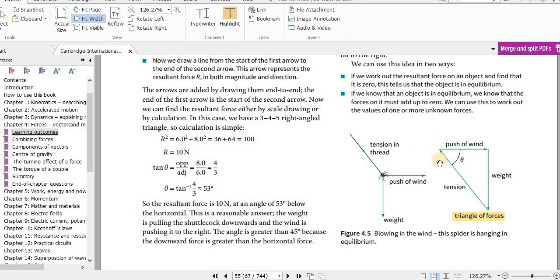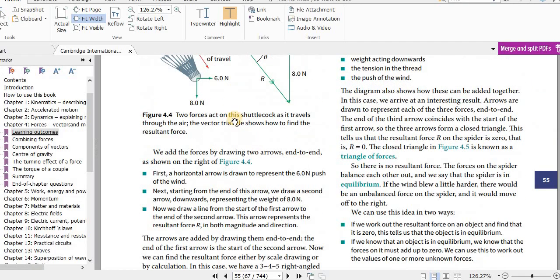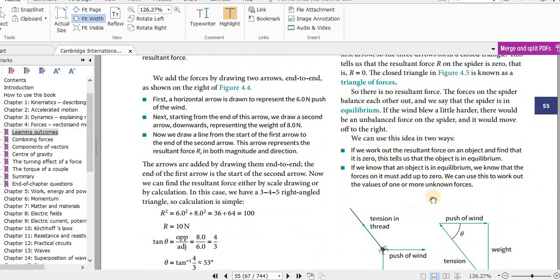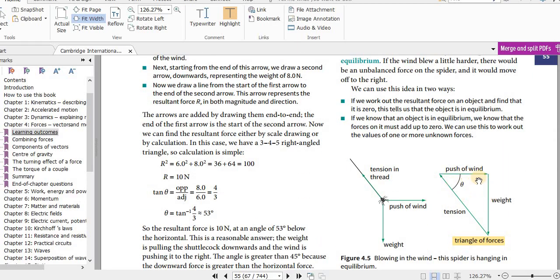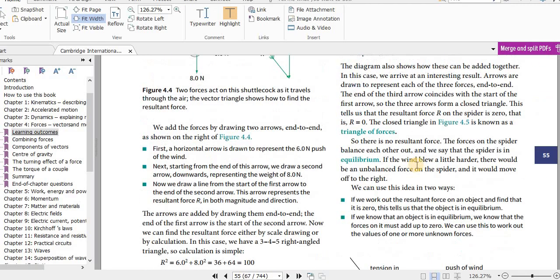Okay. If it is open, that means there is a resultant force. The length of the line joining that gap, like this, will be the size of the resultant. But remember, in this case, if there was a resultant, let's say there's a gap like here. Now you can see this, this and this, they are in the same clockwise direction. Then the resultant will be joining like that in the anti-clockwise direction if there was a gap here, for example.